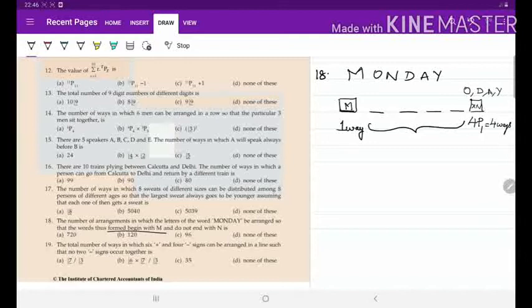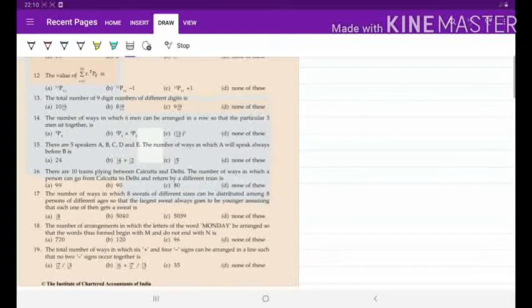So for 4 options, we have 4 positions, which can be done in 4P4 ways, which is 4 factorial, which is equal to 24. Now the total number of arrangements is 1 into 24 into 4, which is equal to 96. Option C is the answer.